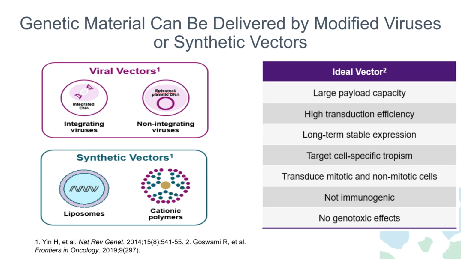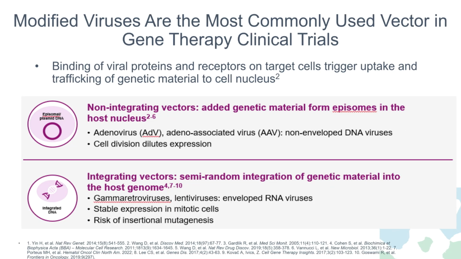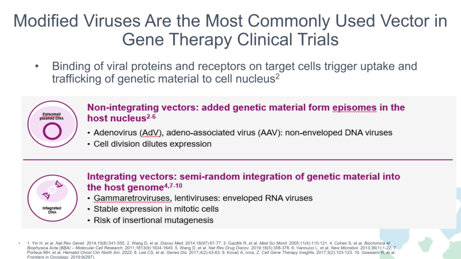The target cell-specific tropism, and immunogenicity, because sometimes, even with adeno-like virus, people can have immunogenicity against it and will not have good expression. And no genotoxicity. This slide shows the differences between integrating and non-integrating viruses, and it really depends on how long you want that product to continue and what your target cells are.